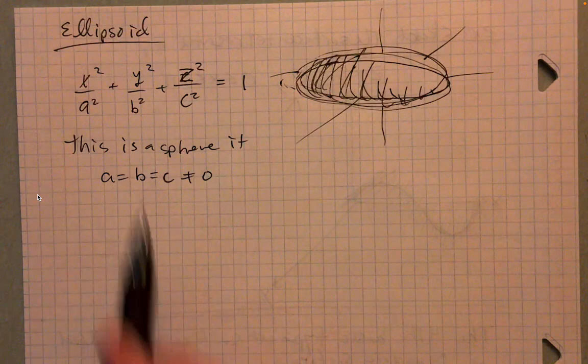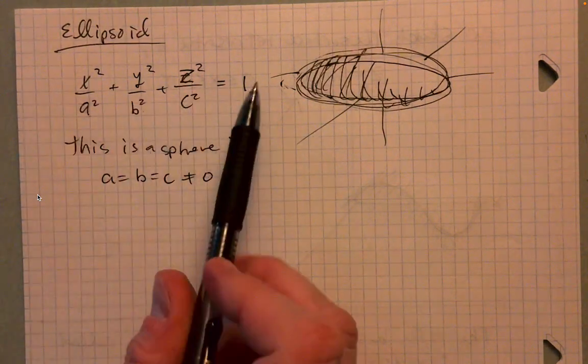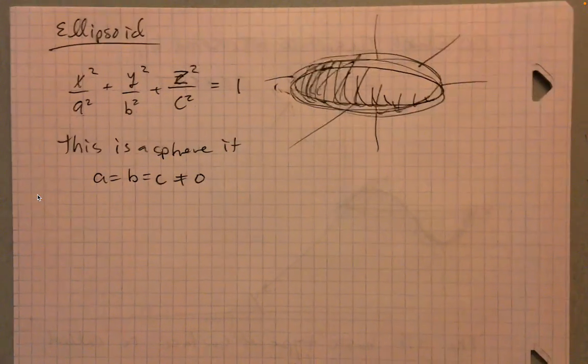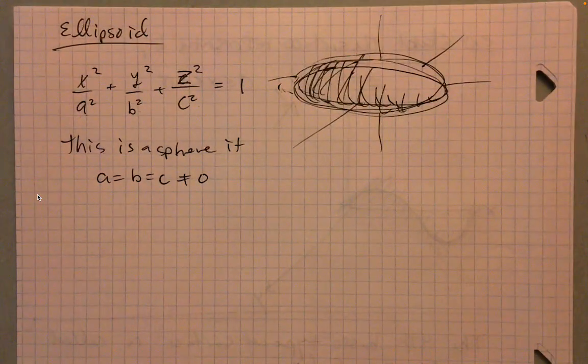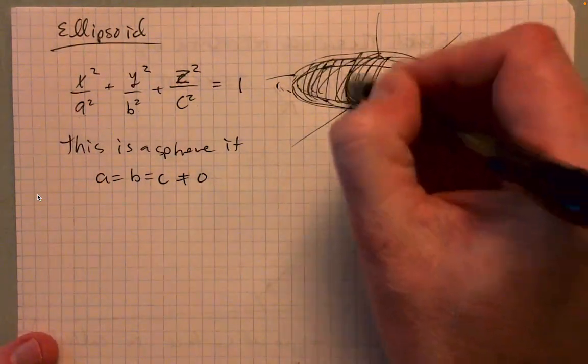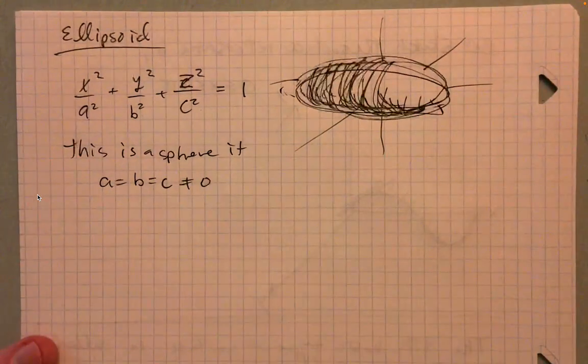Because you can imagine if this has all the same denominators, you can multiply through by that, and then you're going to be looking at your radius on the other side there. So that's the first one. It's called an ellipsoid. Probably the hardest one to draw. It looks a little bit like a blob in the way that I've drawn it here, but just imagine it's rounded, right? It has a top and a bottom and a side, and it's got some curvature to it all the way around.